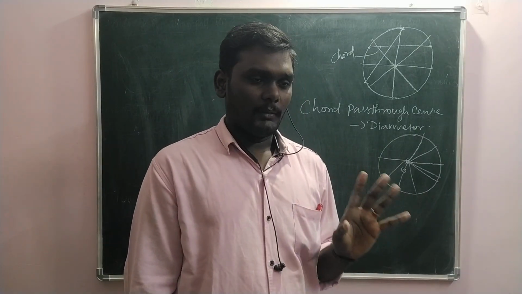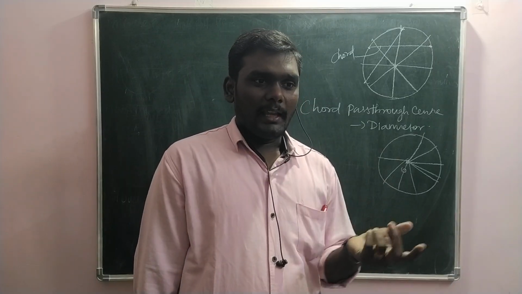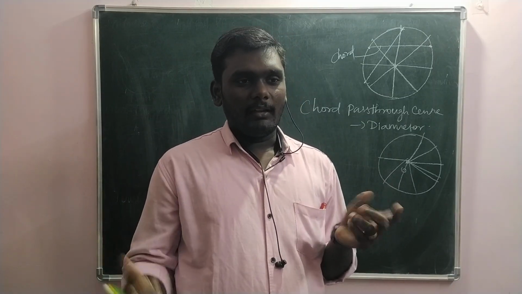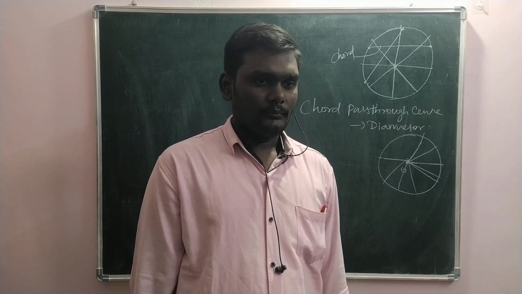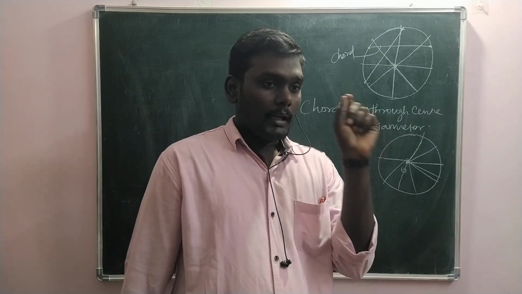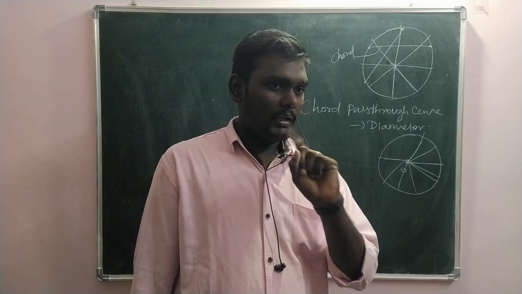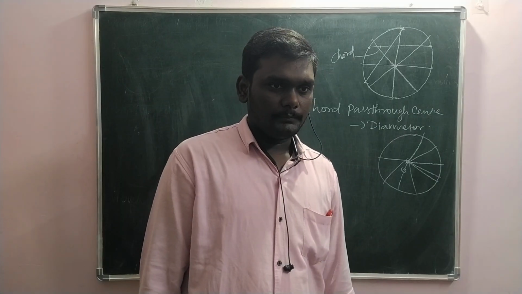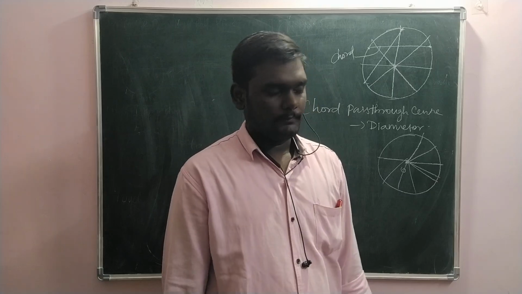If the line and the circle have 1 common point, then we call it a tangent. There are infinitely many tangents possible for a circle. At a given point, there is only 1 tangent possible. Clear? Also, a tangent is a special case of the secant.